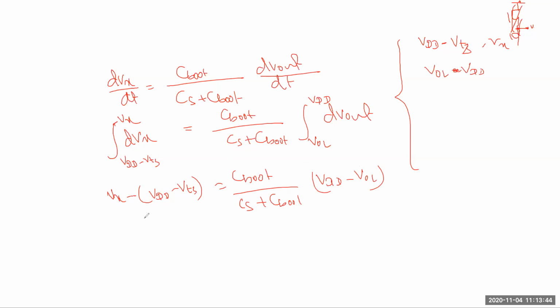So now you can calculate Vx is equal to VDD minus VT3 plus C boot by CS plus C boot times VDD minus VOL.